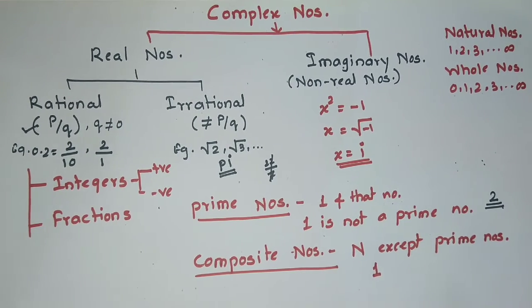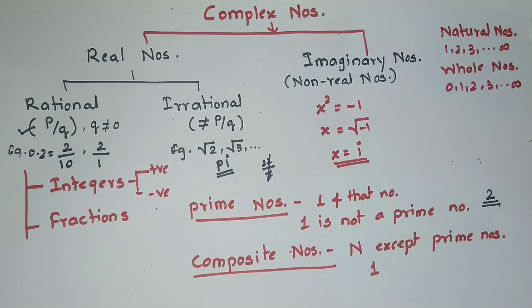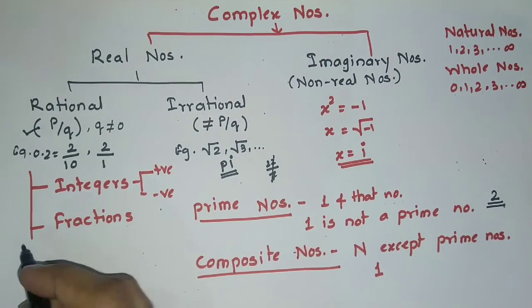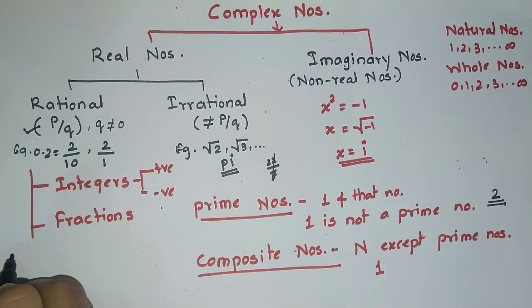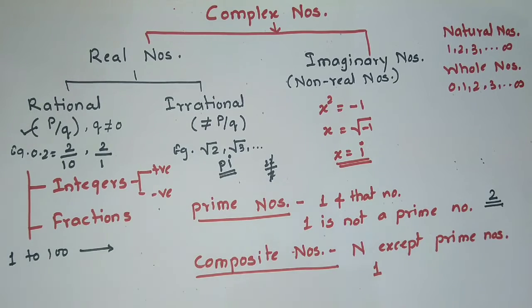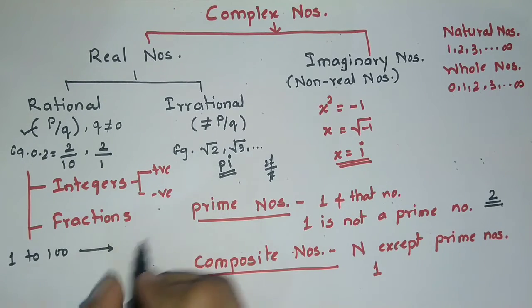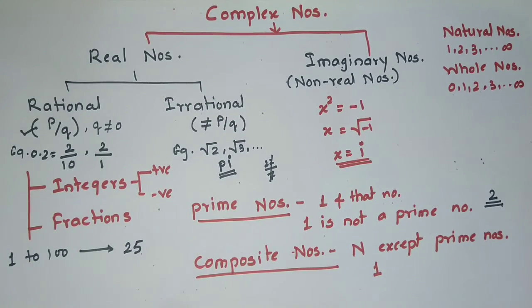And there is one more fact one should remember. They might directly ask a question like the number of prime numbers from 1 to 100. The total number of prime numbers from 1 to 100 is 25.